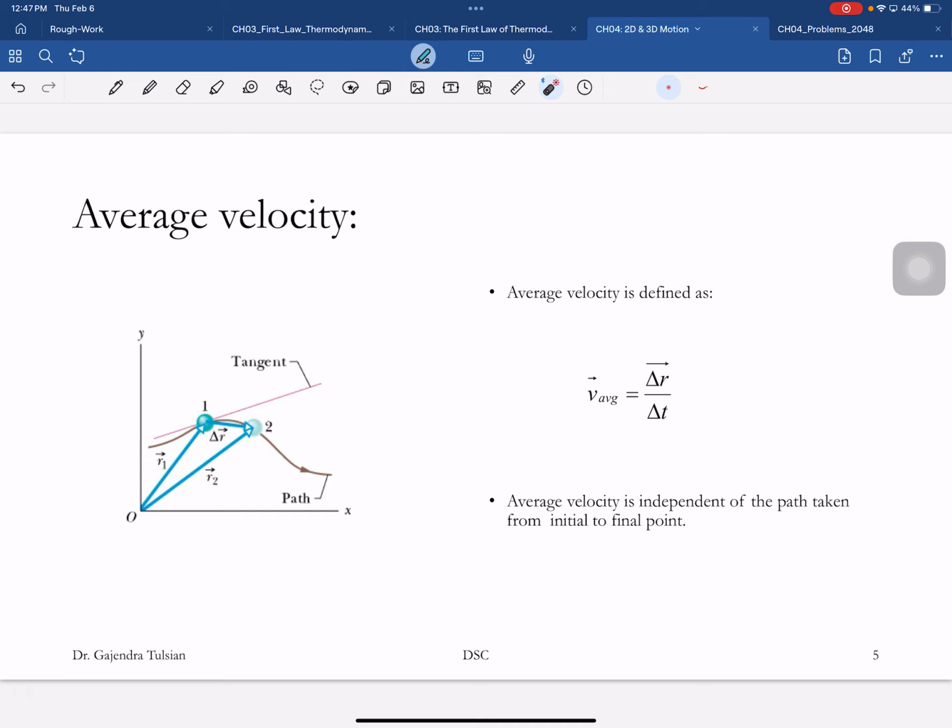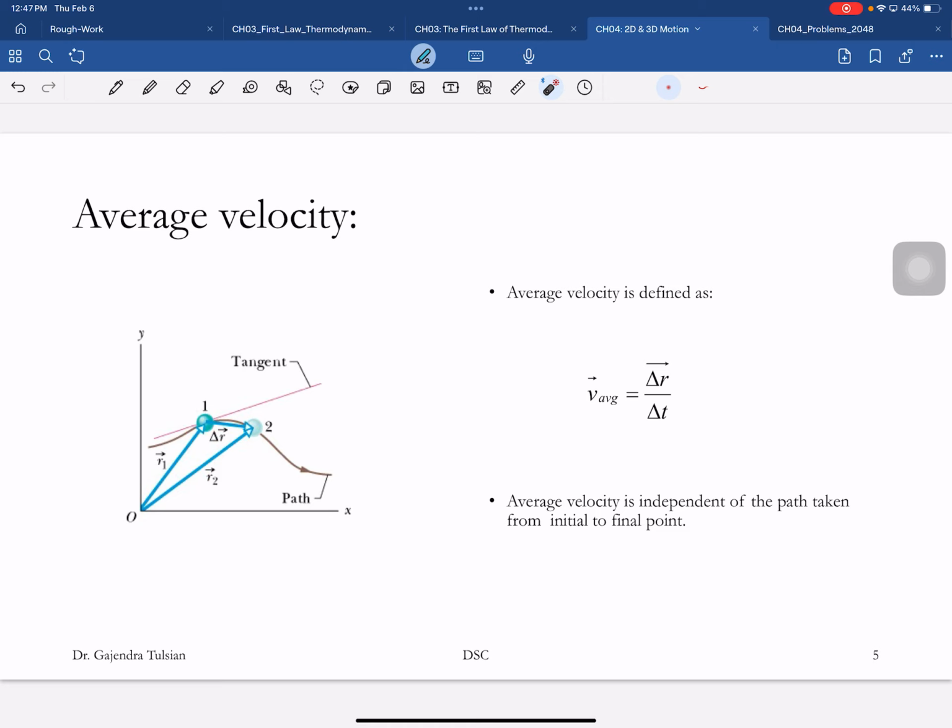We'll define average velocity, but we really are interested in instantaneous velocity, because we know calculus. So average velocity is the displacement vector divided by the time over which that displacement happened.